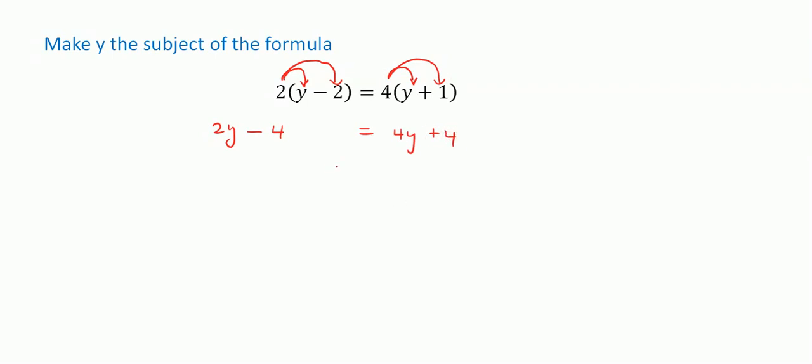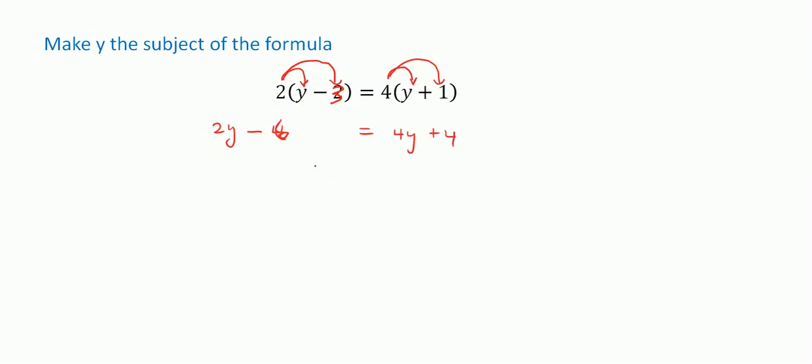Okay, what we should do at this point is bring all the y's on one side of the equation. Hold on, I made a slight error here. This should have been a 3. So this will be 2y, and 2 multiplied by minus 3 will give us minus 6.